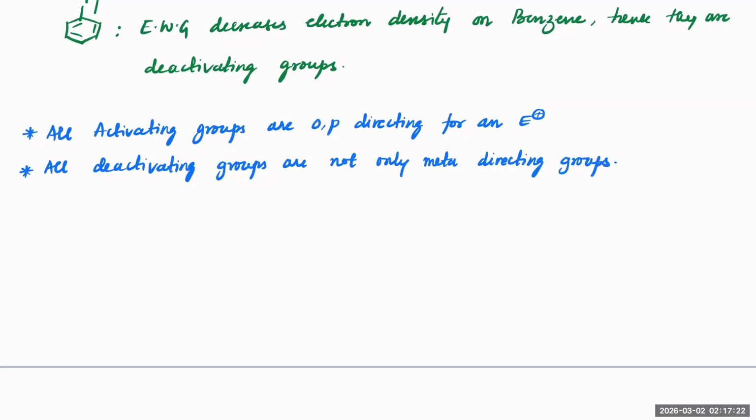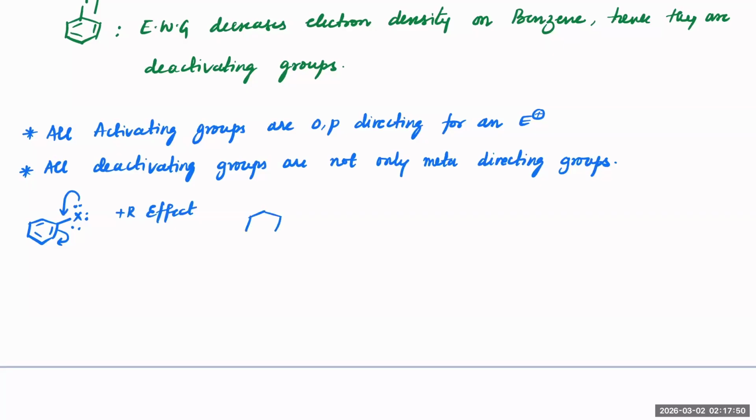which means they do not only give meta; in some cases they can give ortho-para also, even though they are deactivating. Like in the case of halogens, okay? Halogens have a lone pair on them, so if the lone pair is pushing electrons here, we say it is offering plus R effect.